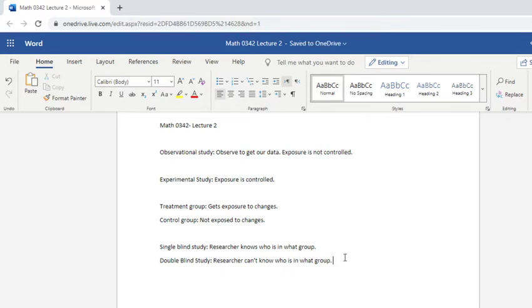Okay, so another example that I gave in class for a double-blind study is Mr. James Randi. And James Randi is a very fascinating figure, I think. He is a skeptic, and he is a person that knows a lot of tricks that people tend to play when they're trying to scam someone.